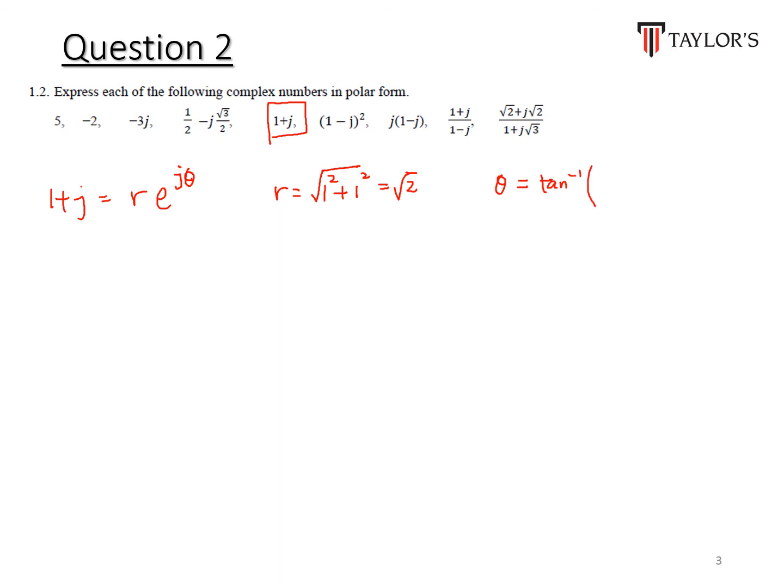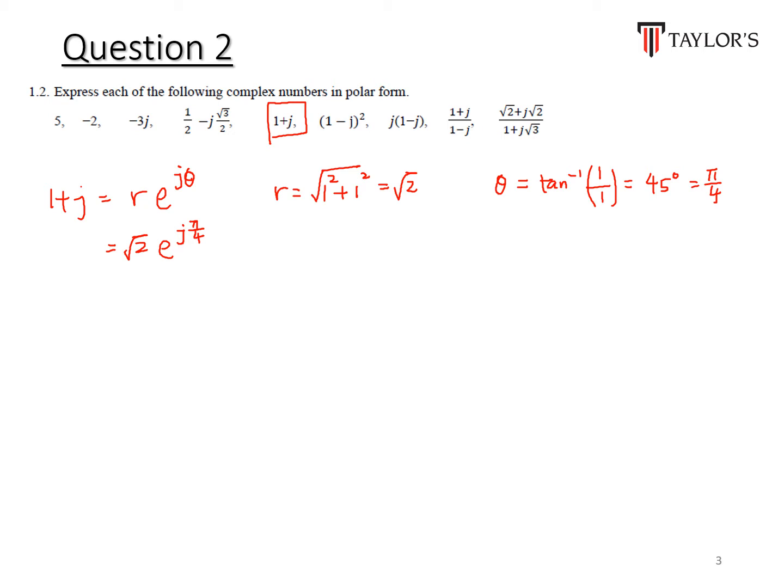Your y is 1 and your x is 1 as well, and in this case you will get 45 degrees. You can write 45 degrees over here, or pi over 4, both are fine. Therefore now you have the answer: this is equal to square root of 2 e to the j pi over 4. This is the final answer.